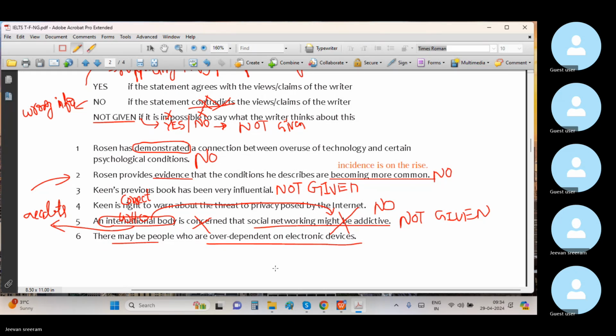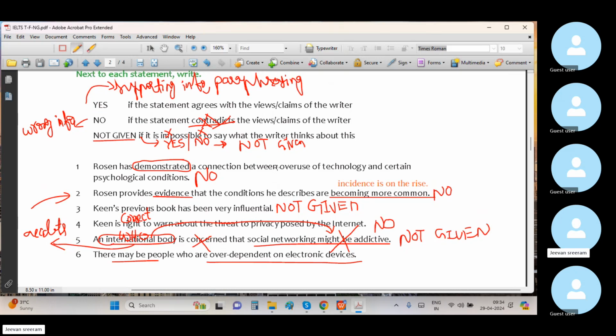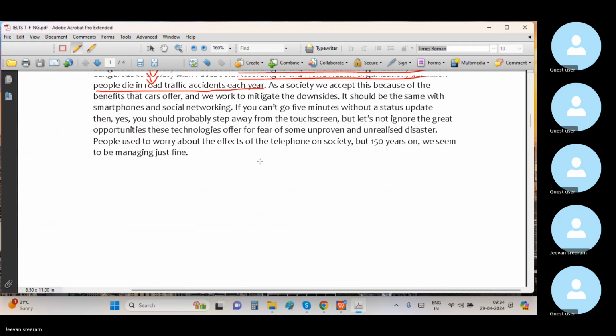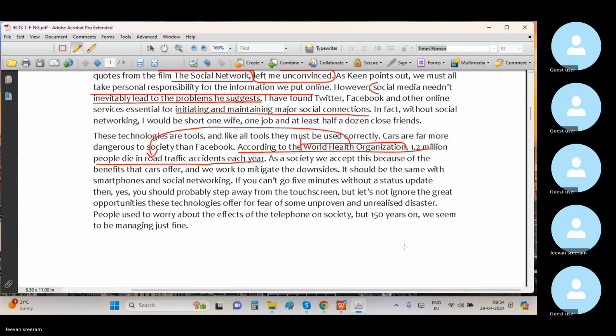Yes, sir. Where is the proof line? Last line of the last para, sir. Can you please read that out? The proof line, what you feel? It should be the same.